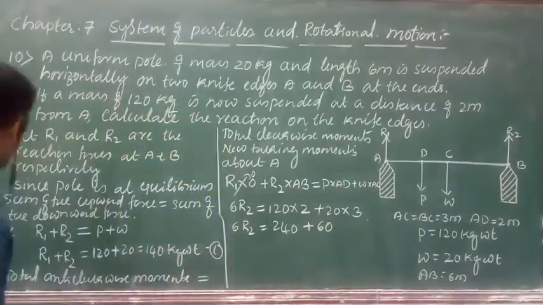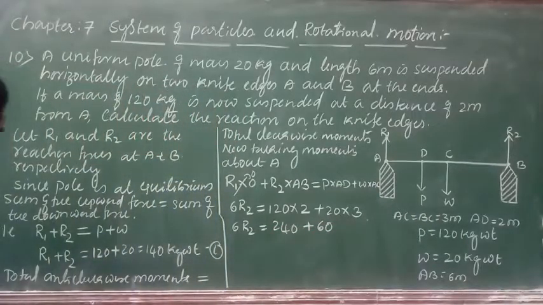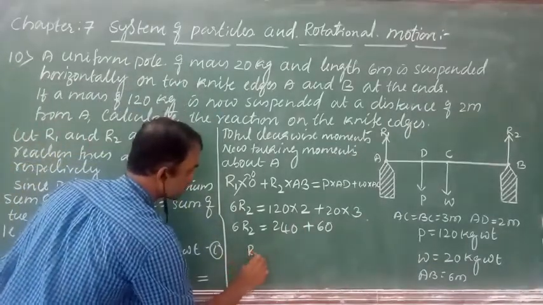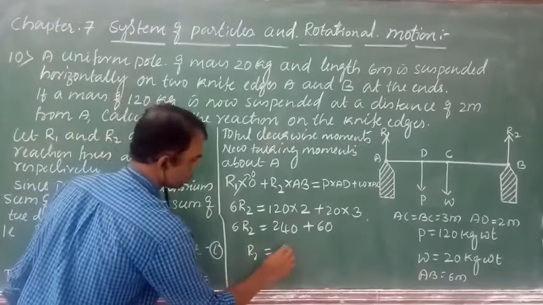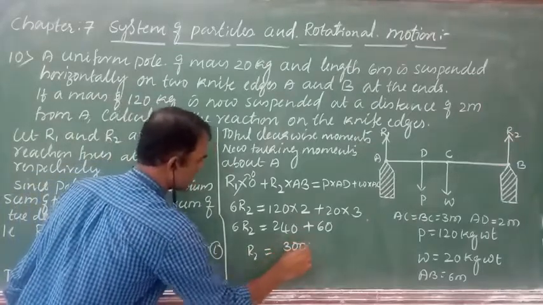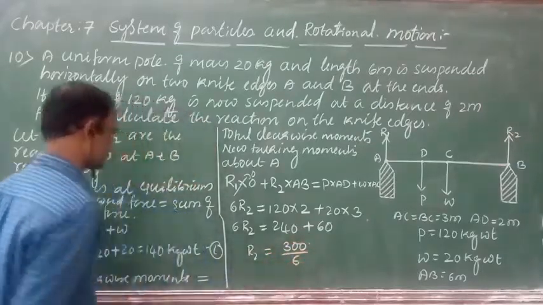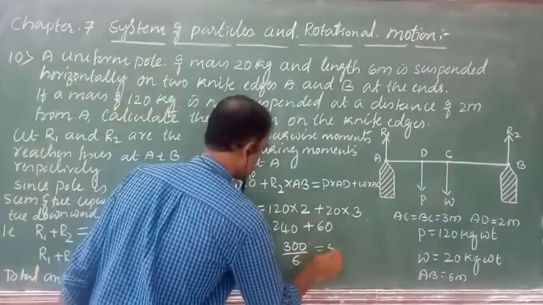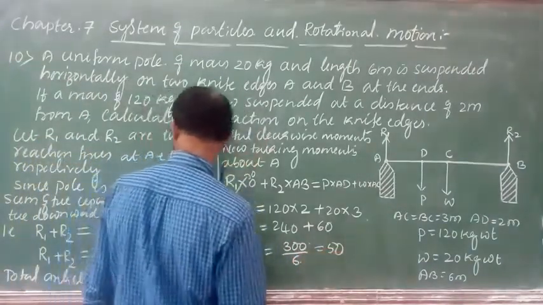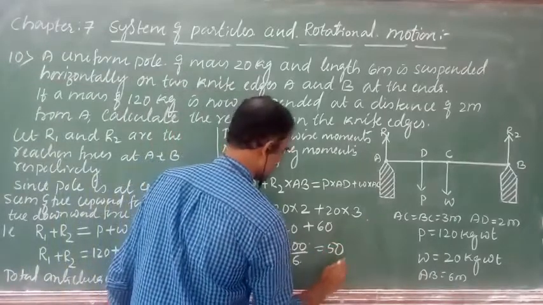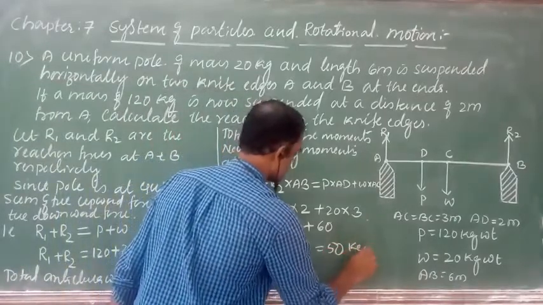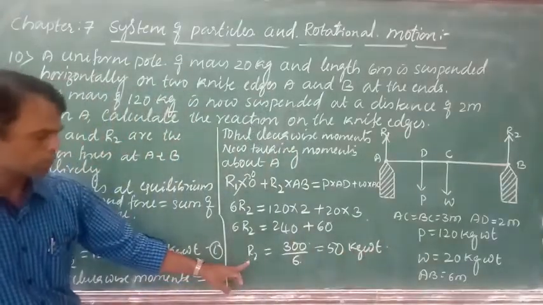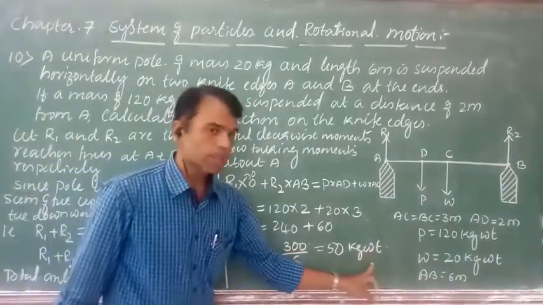So 240 plus 60, that is 300. R2 is equal to 300 divided by 6, which is equal to 50 kg weight. So I got one of the reaction forces R2 as 50 kg weight.